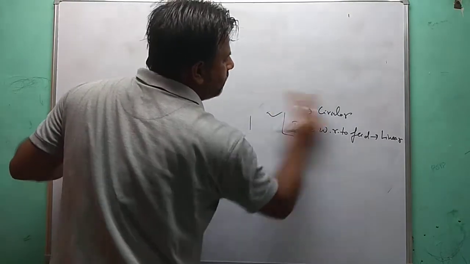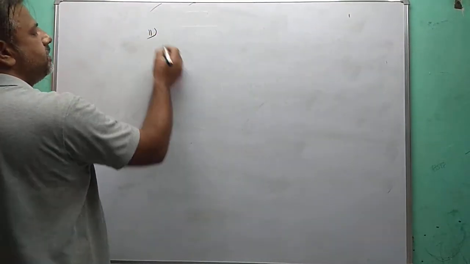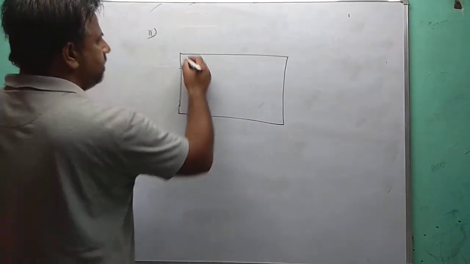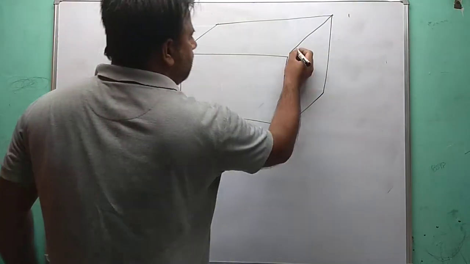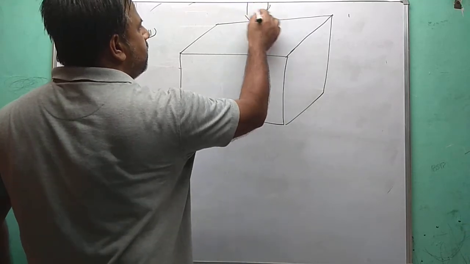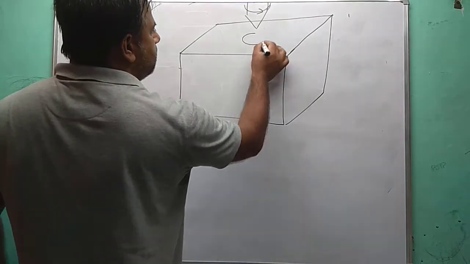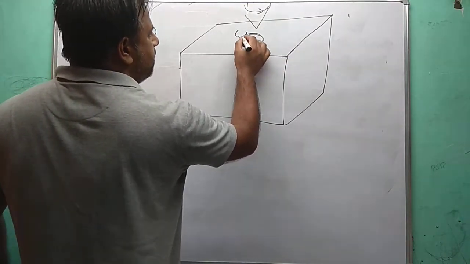Another example, drilling operations. Second is the drilling operation, like this. This is my workpiece or job. Here is your drill bit, and it revolves in a circular motion. The line generated by the cutting motion is my generatrix.